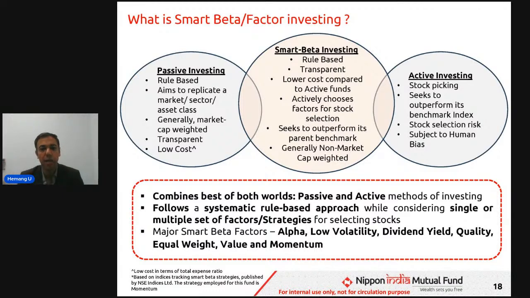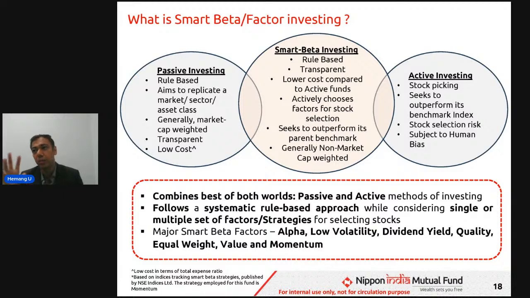Right? In smart beta, what it tries to do is go away from this theory. It tries to say that because I am taking the factor of value or quality, I want stocks aggressively which are very good in value or very good in quality, right? Or maybe very good in momentum, which have taken a great run up.